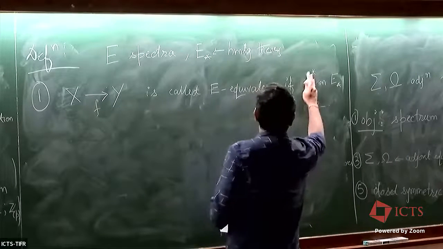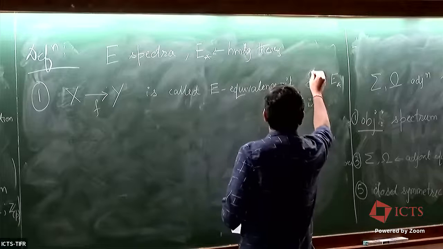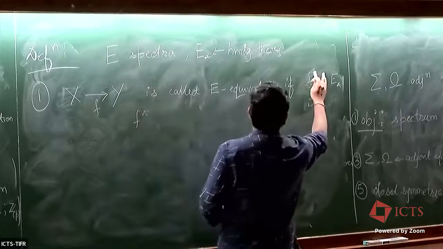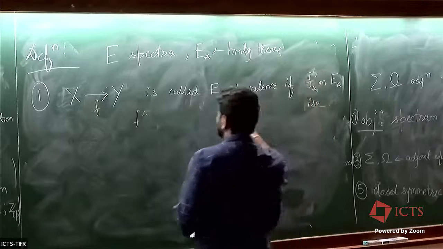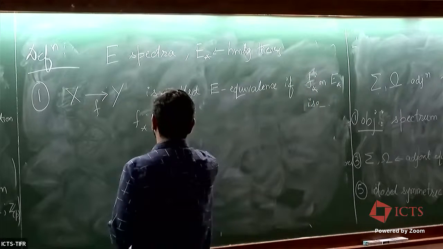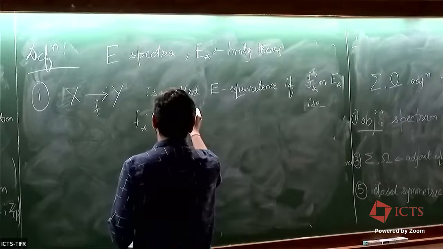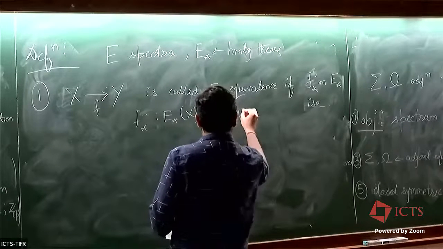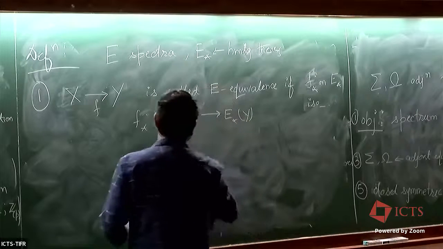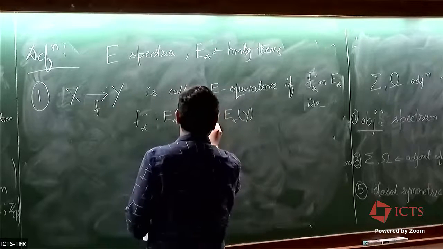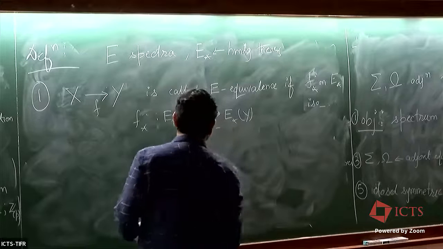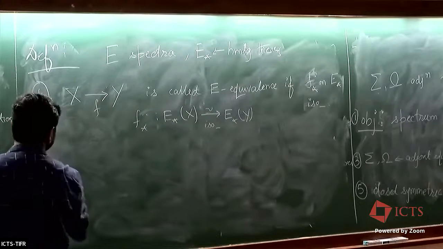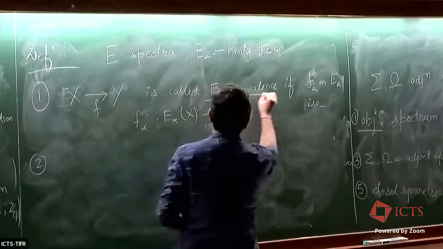So F star is just E star of X to E star of Y, and this is an isomorphism of abelian groups. So this is called an E equivalence.